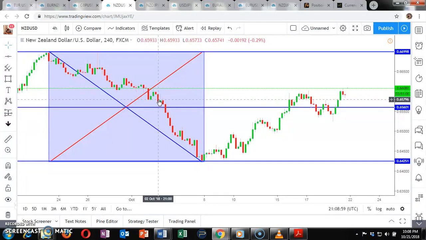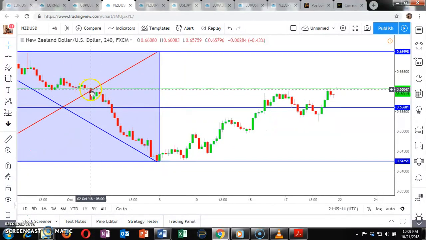You must understand that after a break of a line, be it a counter trend line or reversal line, there should be a retest. So now price has broken out of this line, it came back to retest it with this green line, and that is a confirmation that you should enter this trade.